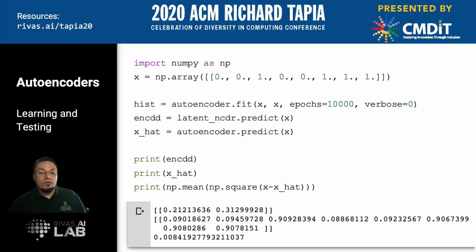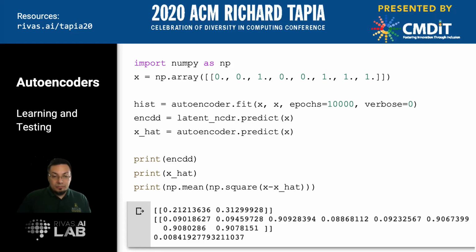Then we can call the latent encoder, which is a model that will take X and convert it into 2 dimensions, into this latent space. And we can also call the autoencoder and predict on X, which should hopefully give us X. So we're saving this X approximation in encoded, and X hat contains the predicted reconstruction.